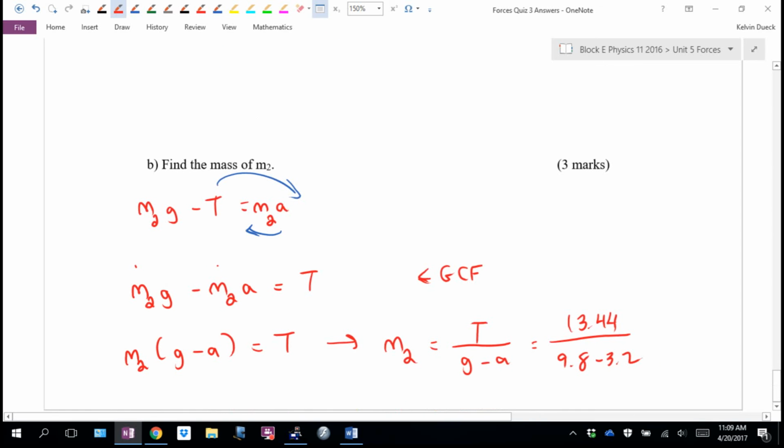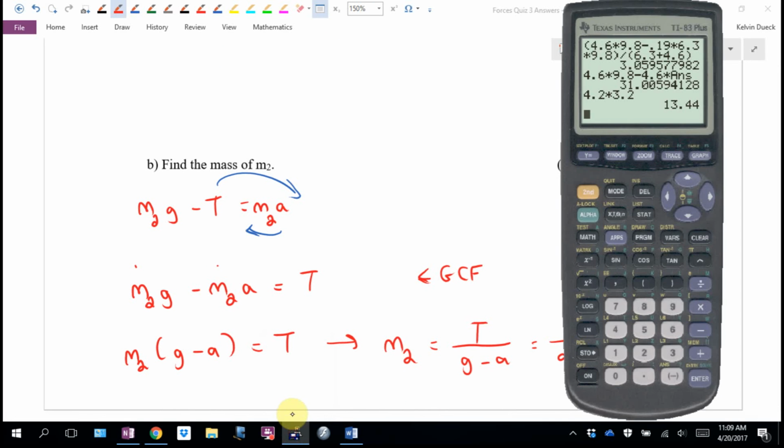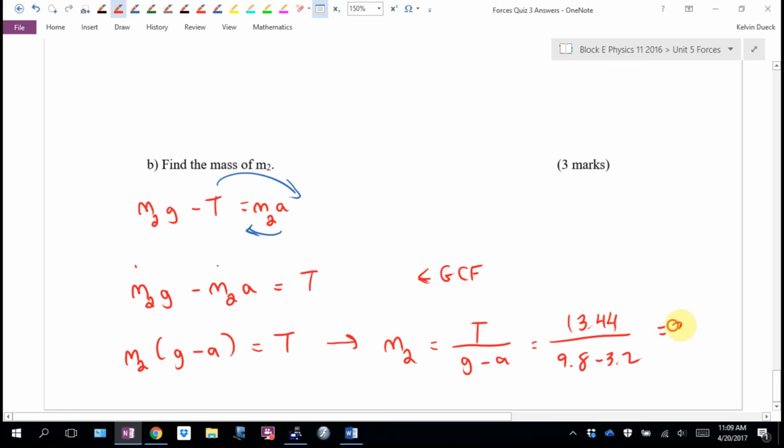Yes, it was. Answer button divided by bracket 9.8 minus 3.2. You get 2.04? I'll go 2.04.